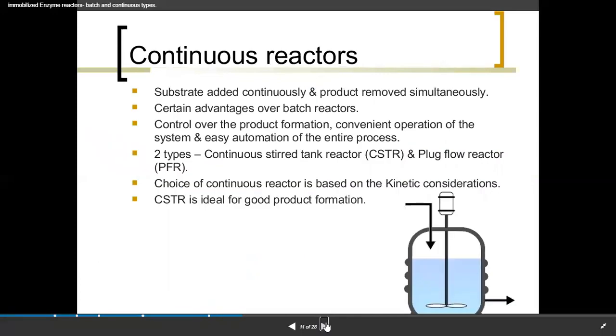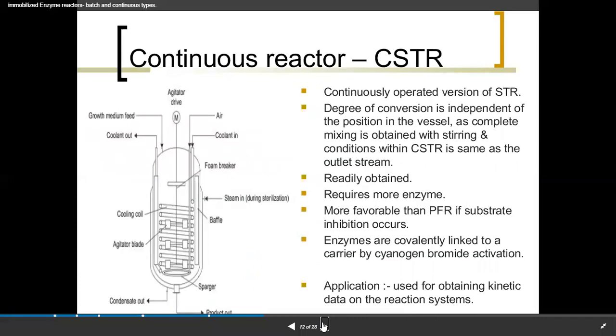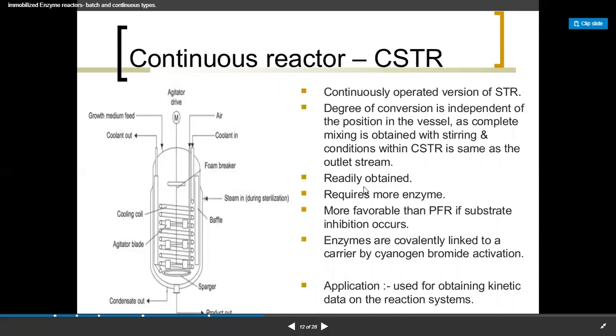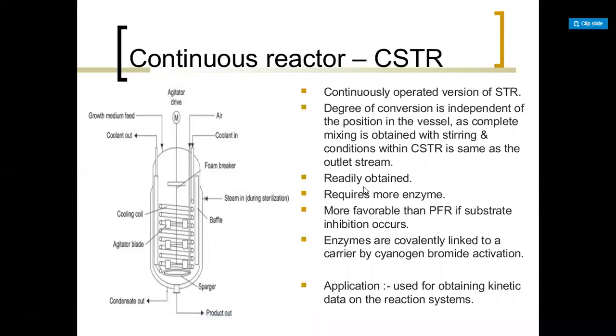Continuous reactors are the reactors in which we add any material at any time and we take out the product at any time. So this is the advantage of the continuous reactors. Continuous stirred tank reactors are a continuously operated version of STR. The degree of conversion is independent of the position in the vessel as complete mixing is obtained, with the condition within the continuous stirred reactor the same as the outlet stream.